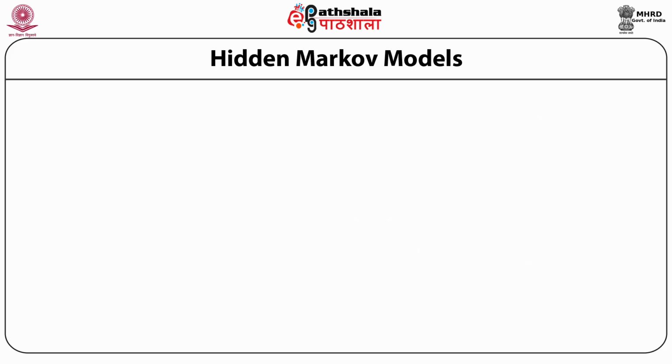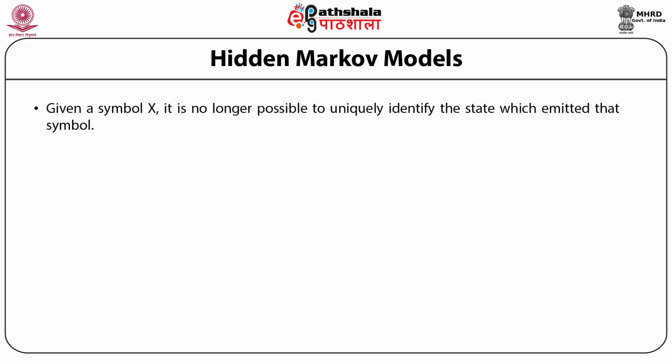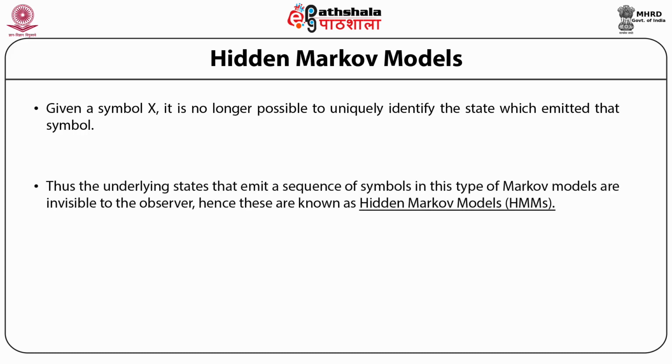Now, given a particular base X, it is no longer possible in this kind of model to just identify whether it is coming from a CpG island or a non-CpG island. So in this kind of situation, the underlying state, which is emitting the sequence of symbols, is actually invisible or hidden from the observer. And hence, this sort of Markov model, we will call hidden Markov models or HMMs.